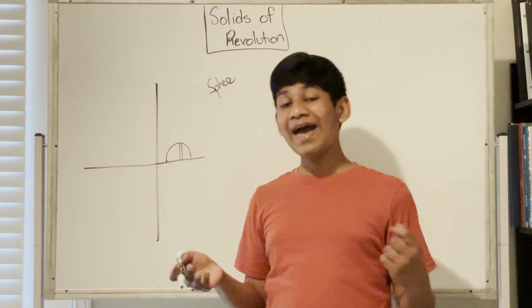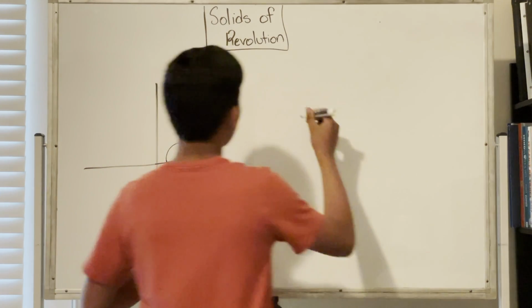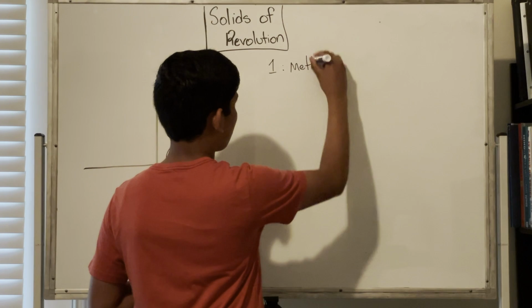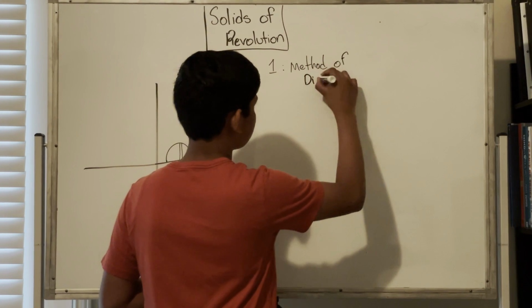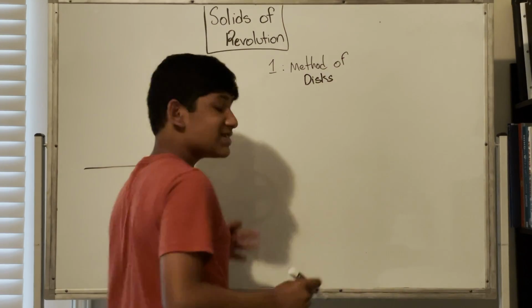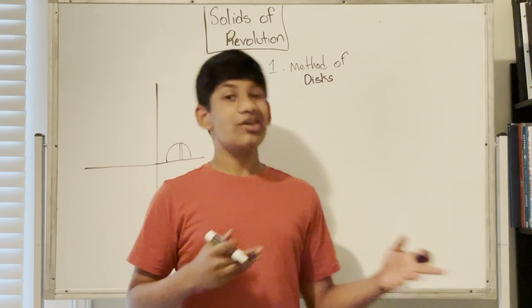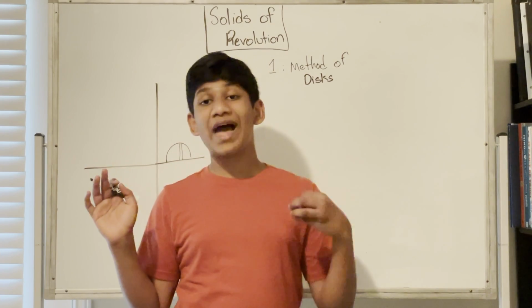Well, we would get a little bit of a disk over here. And this is why we're going to call the method we're doing today the method of disks. Notice that today we're only going to be covering solids of revolution around the x-axis. You could also revolve them around the y-axis, but we're just going to do the x-axis today.